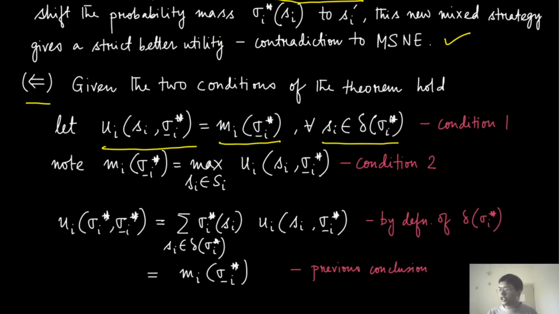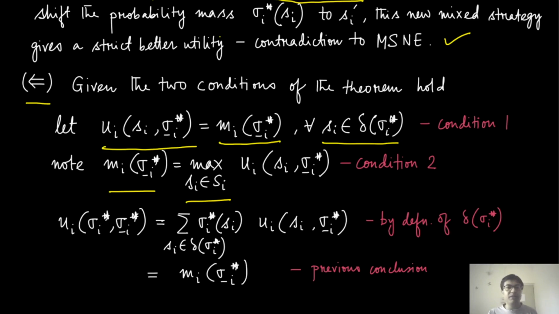Now, condition 2 is also telling me that this is going to be the maximum over all the strategies, because for all the strategies which are in the support, this is going to be the same. For everything that is outside the support, this utility must dominate, or at least be greater than or equal to those utilities. So therefore, this must be the max.